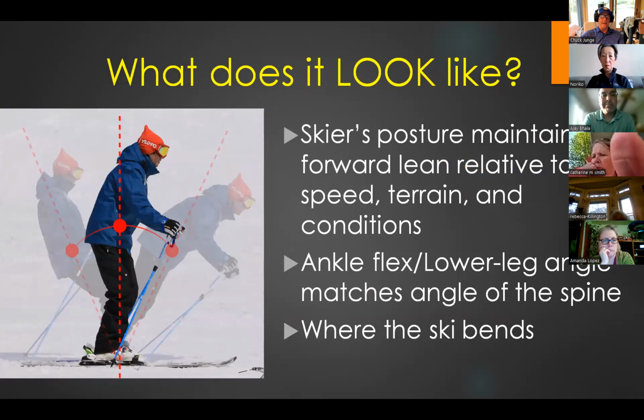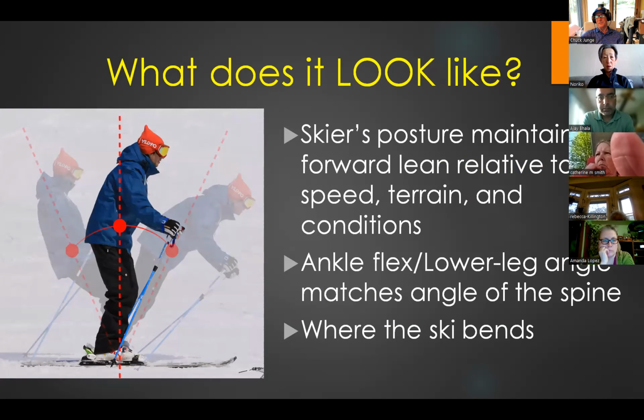So this is supposed to be like the perfect example of what a skier looks like. Again, this is from the technical manual. Skier's posture maintains forward lean relative to speed, terrain, and conditions. Ankle flex, lower leg angle matches the angle of the spine. And then, of course, these are kind of like reference points that we're looking at, and the reference of where the ski kind of bends.